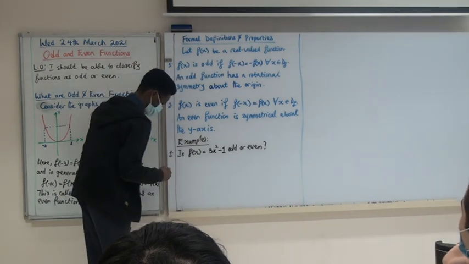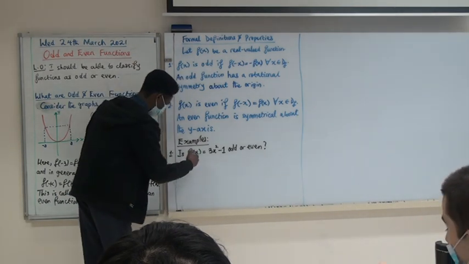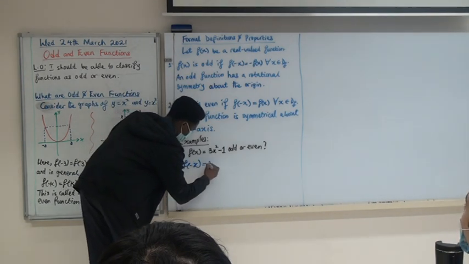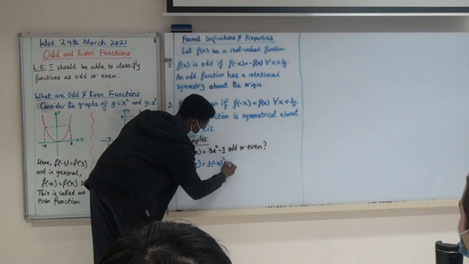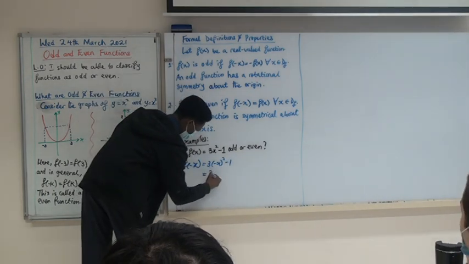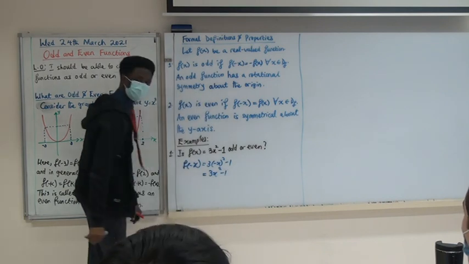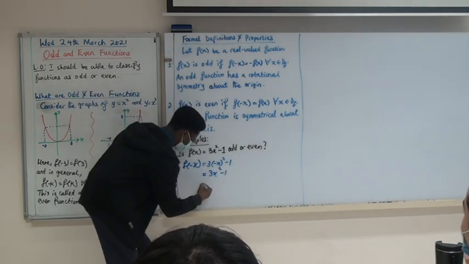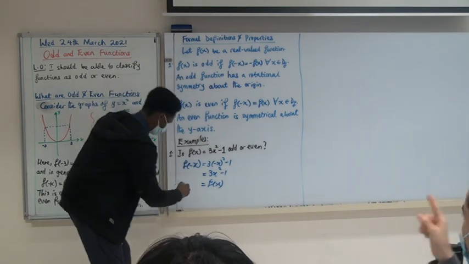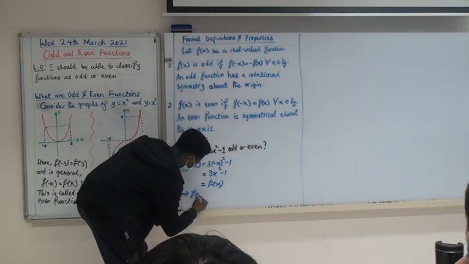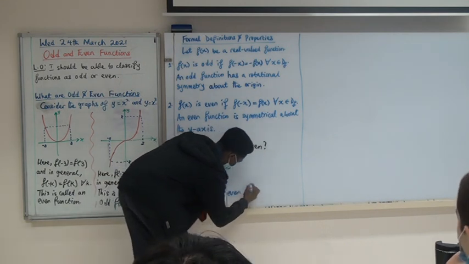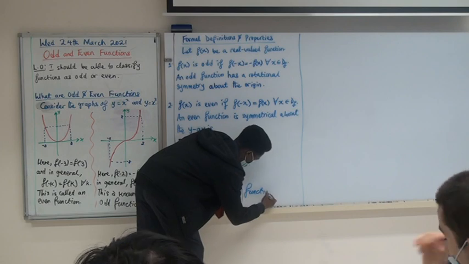Okay, so your solution should look like this. f of minus x means 3 times minus x squared minus 1, which is 3x squared minus 1, which gives you back f of x. So it's even. This implies that f of x is an even function. That's all.